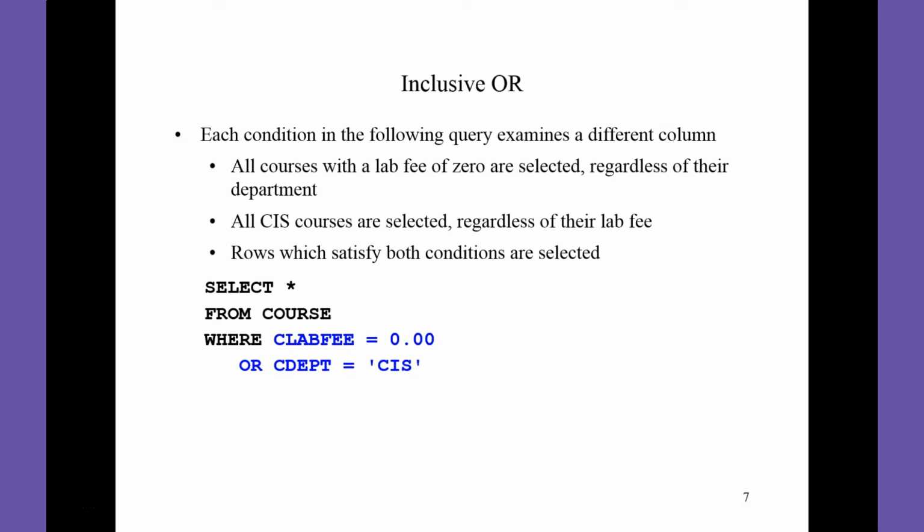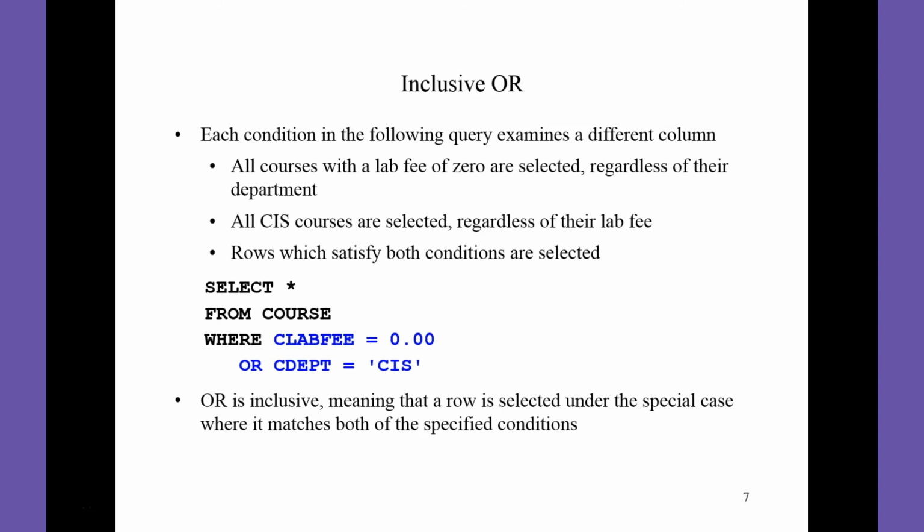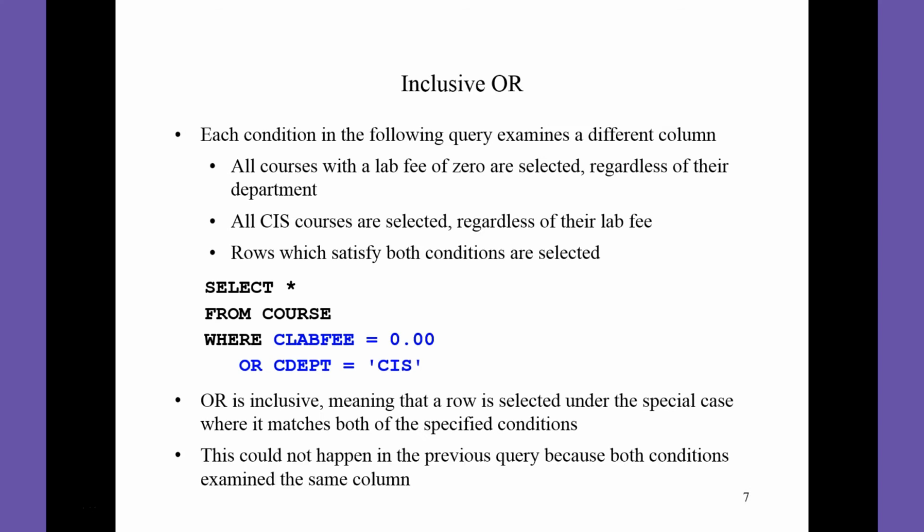Because two different columns are being examined, it is possible for any row to satisfy both conditions. This is in contrast to our previous example. So we say that OR is inclusive, and this means that a row is selected under the special case where it matches both of the specified conditions. This is in contrast to what is called an exclusive OR.